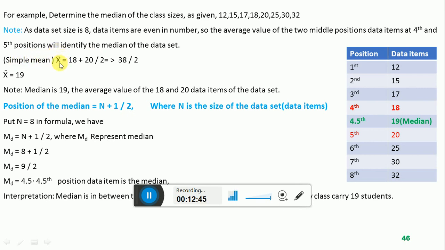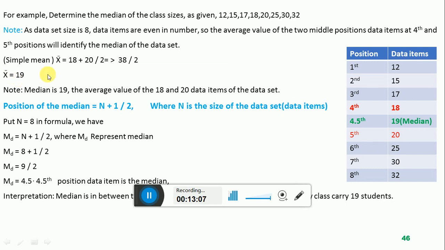X bar is the symbol for the average value, the arithmetic mean value of the two data items: 18 plus 20, whole divided by 2. This implies 38 divided by 2, and the mean value is equal to 19.